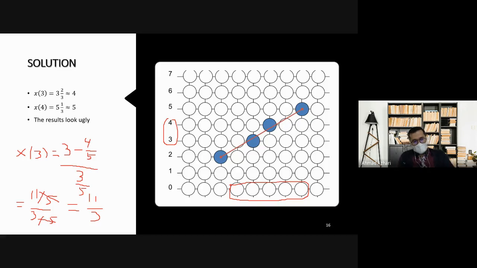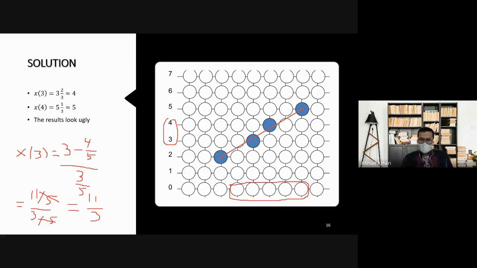The result may still look ugly because it is not precise enough for making a straight line on a pixel basis.